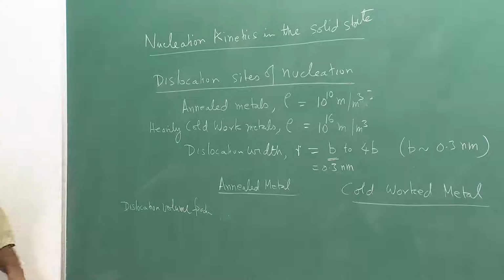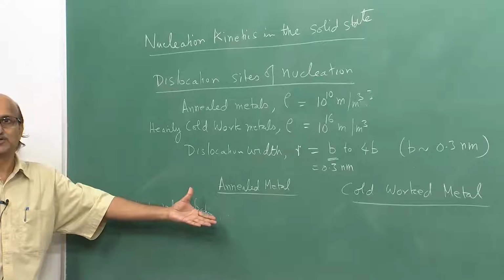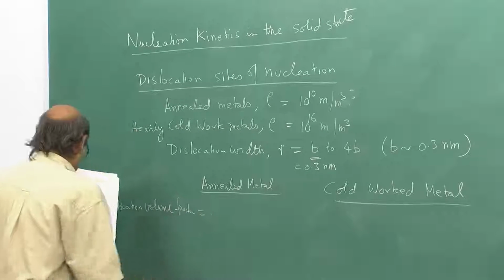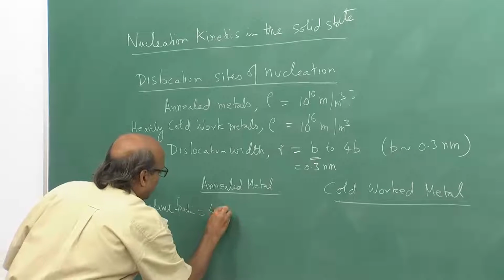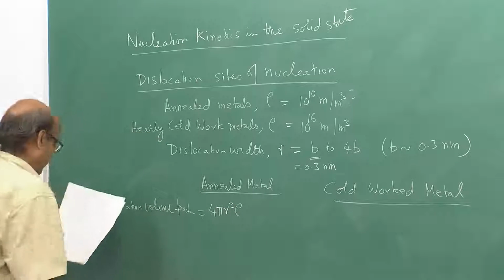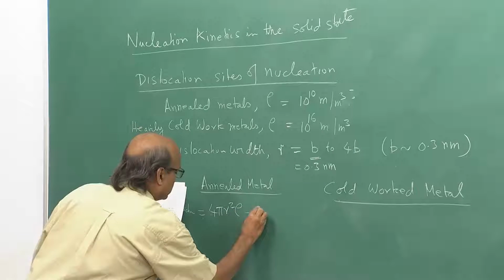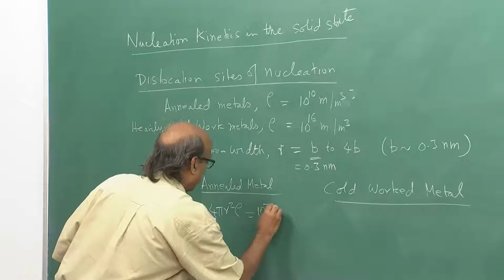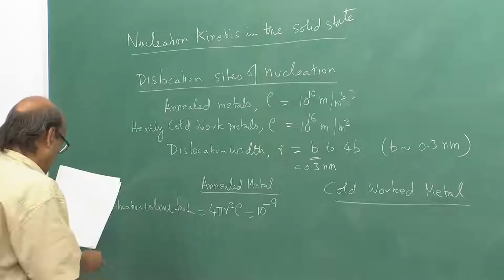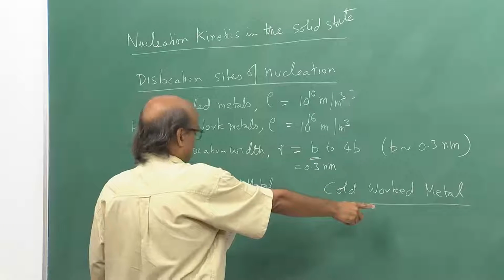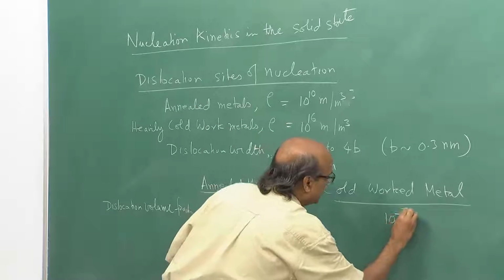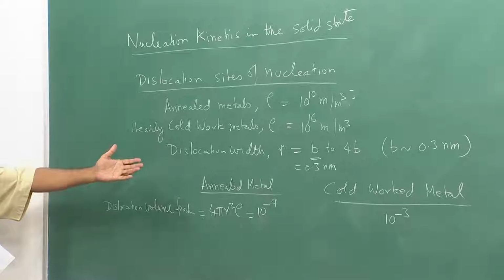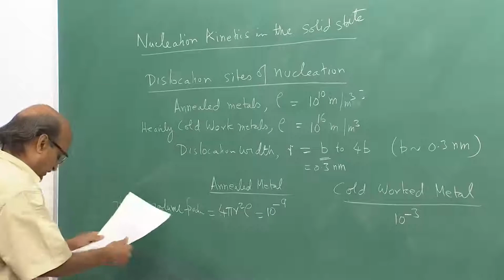So, the fraction of the material occupied by the dislocation core is equal to 4 pi r square times the density, which turns out to be 10 to the power minus 9, while in the case of cold work the fraction of the material occupied by the dislocations is 10 to the power minus 3.